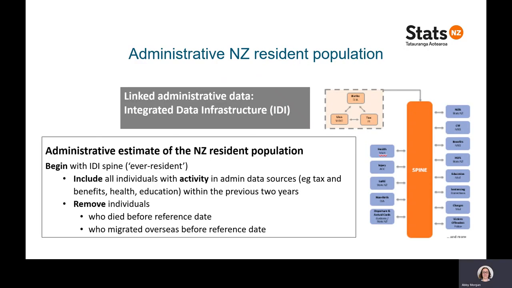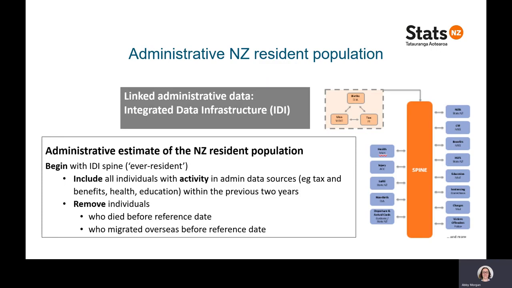Okay, so when we were embarking on including admin records to fill missing responses in our census file, we start with the admin New Zealand resident population. This population is constructed from our linked admin data for people in the IDI. It's created as a subset of records selected from our ever resident population contained in the IDI spine.